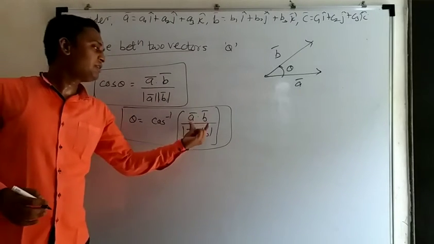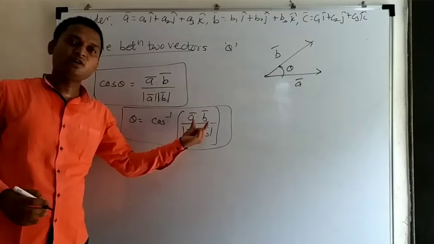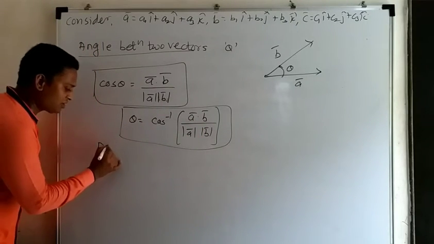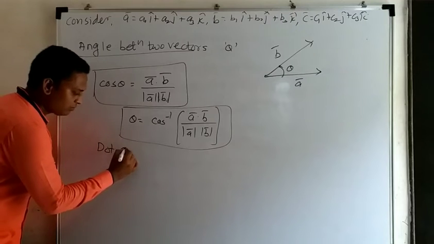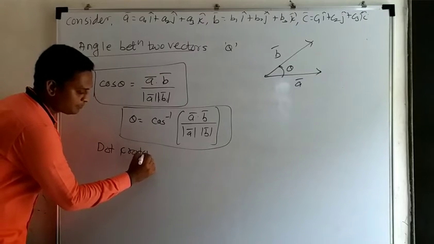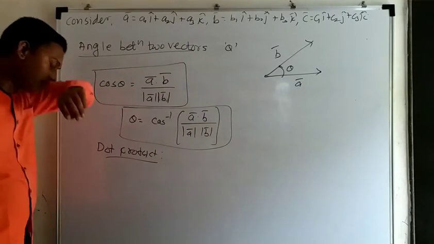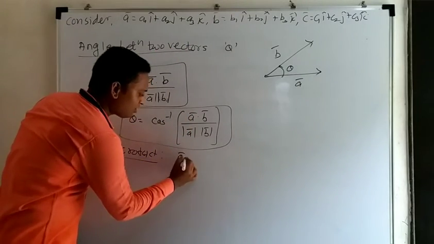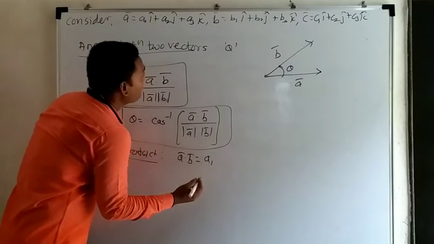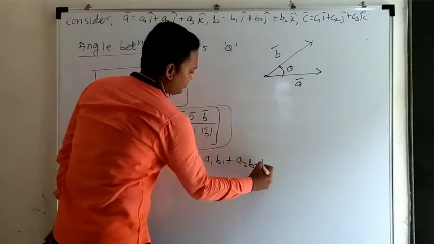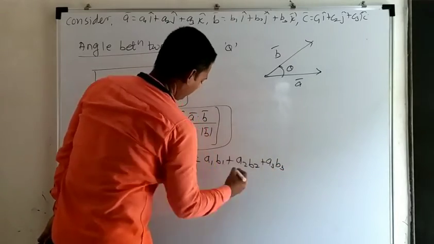Now the numerator of this formula is A bar dot B bar, that is dot product. So how do we calculate dot product? Let us see the definition of dot product. For these two vectors A bar and B bar, the dot product of A bar and B bar, A bar dot B bar, can be calculated as A1 B1 plus A2 B2 plus A3 B3.